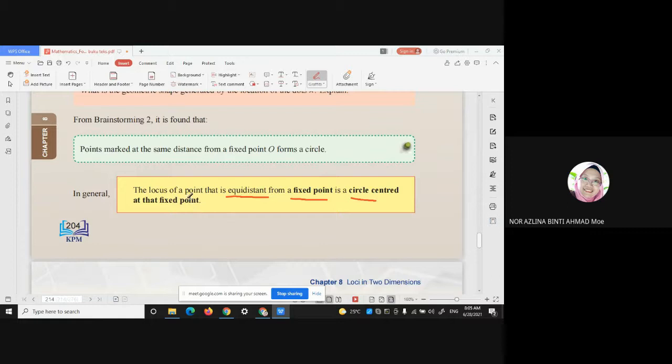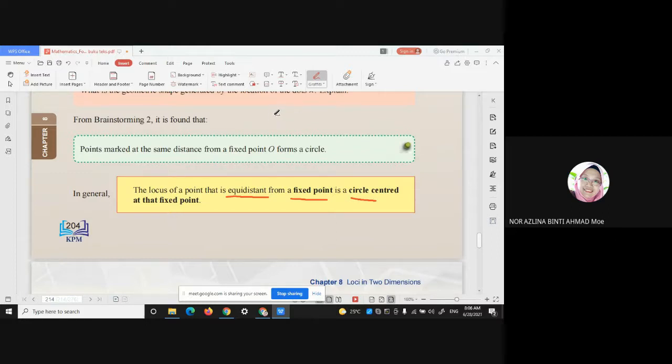Let's say the question asks what is the shape if a point always moves at the same distance from a fixed point.